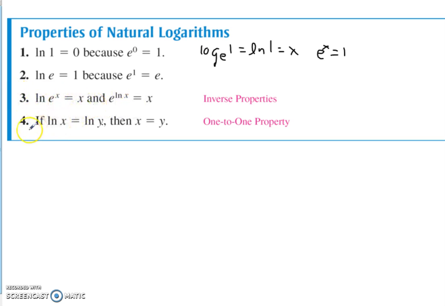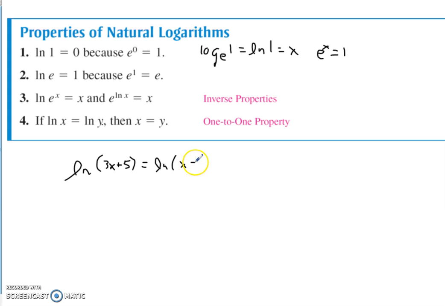And finally, the one-to-one property, which we saw with the common log. It says if the natural log of x is equal to the natural log of y, since they're one-to-one functions, the only way that's true is if x equals y. And I could throw an example down here. If I said the natural log of 3x plus 5 is equal to the natural log of, I'll just make something up, x minus 6.